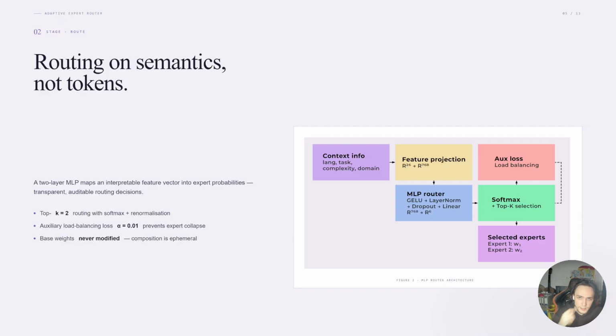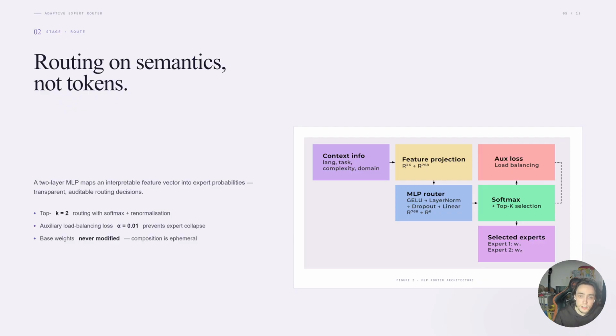And to prevent expert collapse, a failure mode where the router always picks the same one or two experts, we add an auxiliary load-balancing loss that keeps every expert in the game. And here is the key insight.